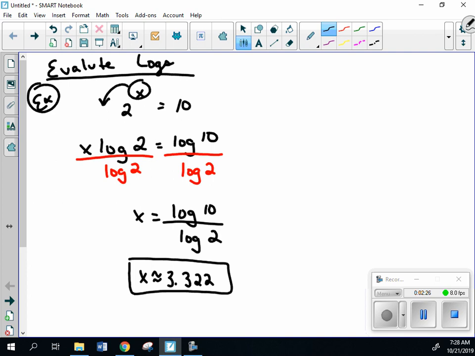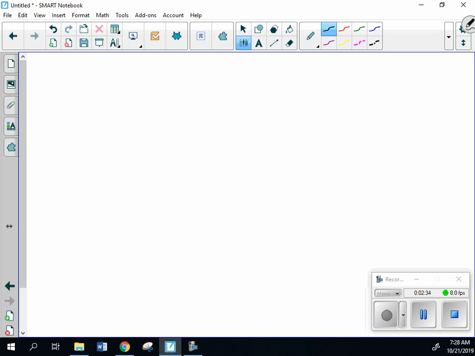Now, sometimes you'll be asked, so this was going from exponential form into logarithmic form. Sometimes we'll go the reverse way. So let's say, for instance, we have log of base 5 of x equals 3. So let's see, refresher here.